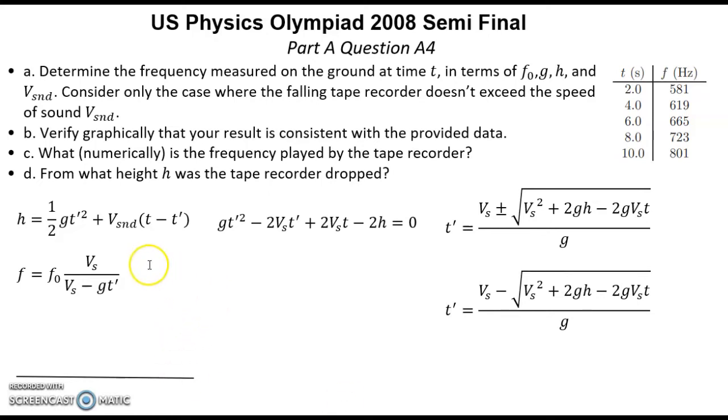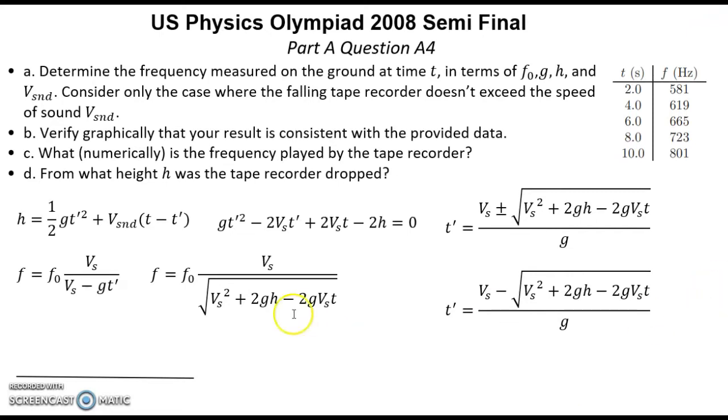It means that in the numerator we have only the speed of sound, and in the denominator we have the speed of sound minus the speed of our source at time t prime. That will be g t prime, the speed of this source. And now we can put this time t prime into this formula, which will give us this expression.